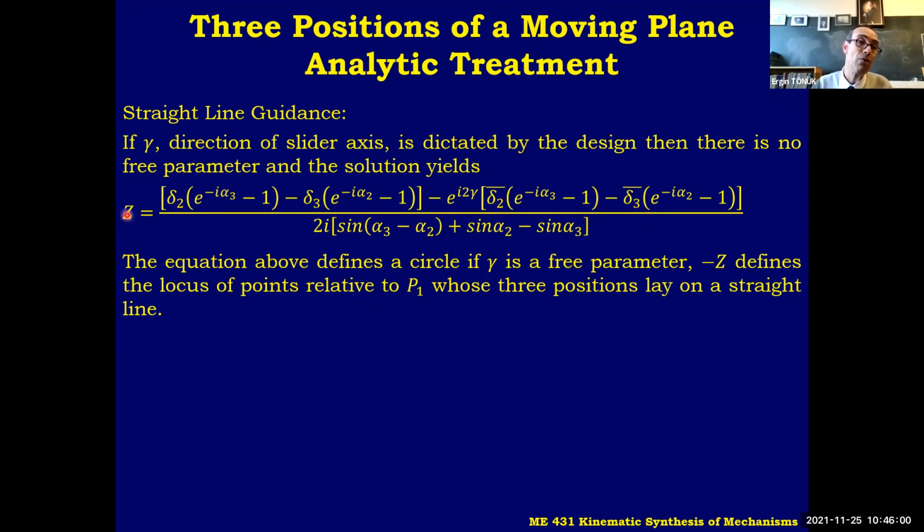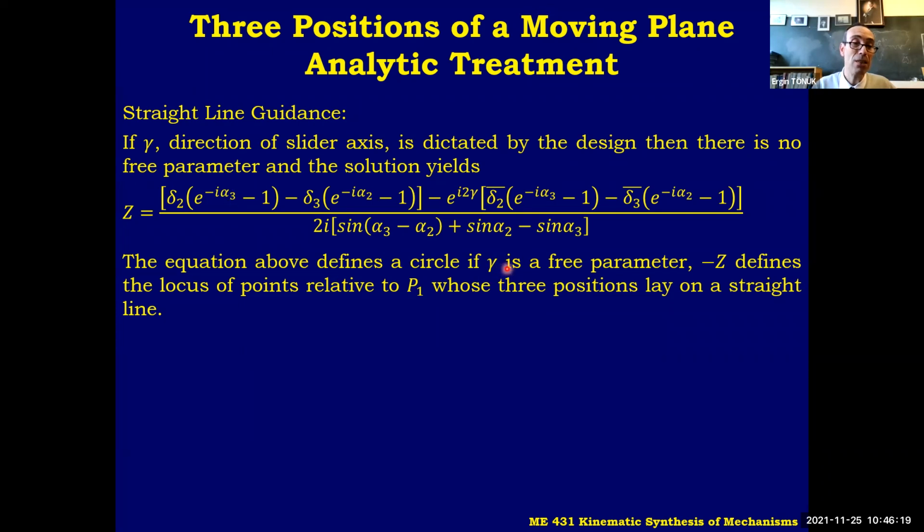Your z, or if you like negative z with a minus sign, would be this. And actually, that is a circle when you change gamma.